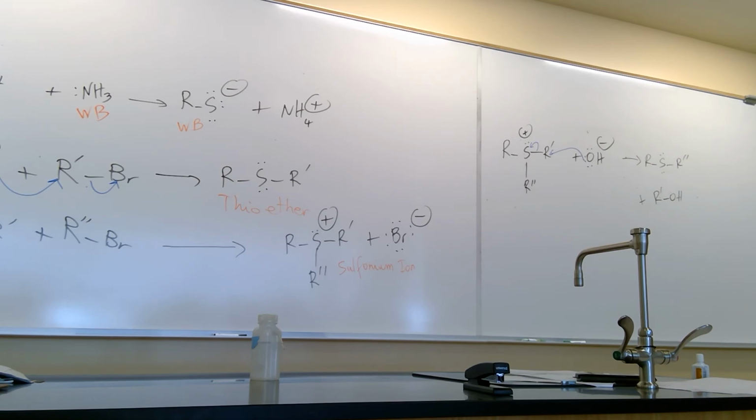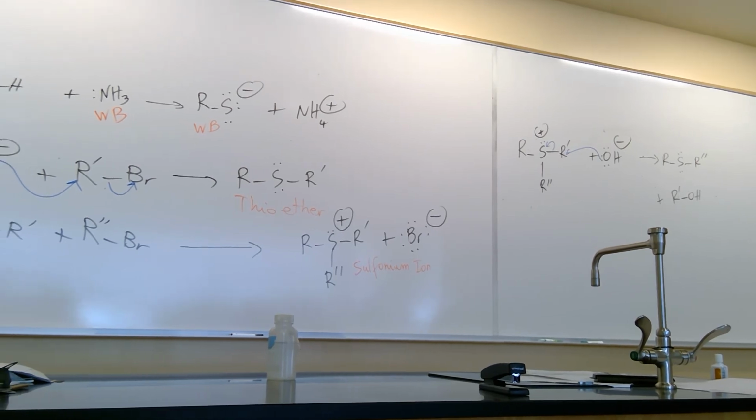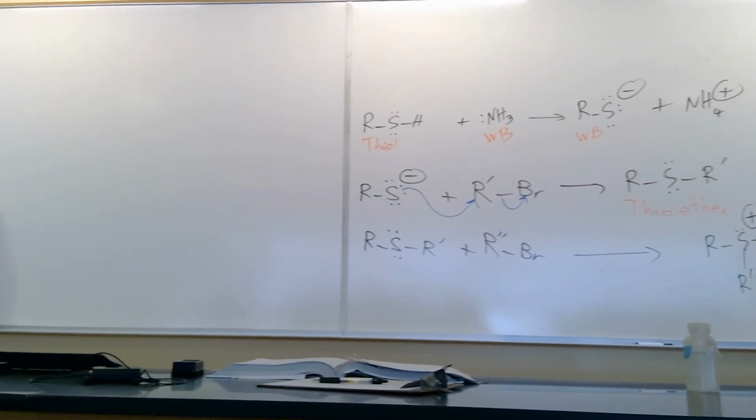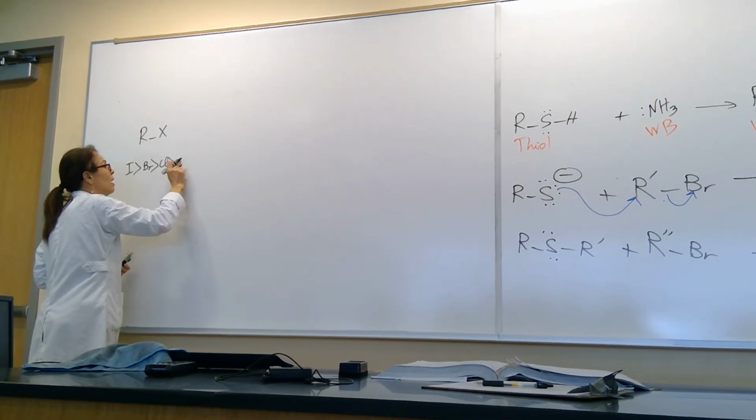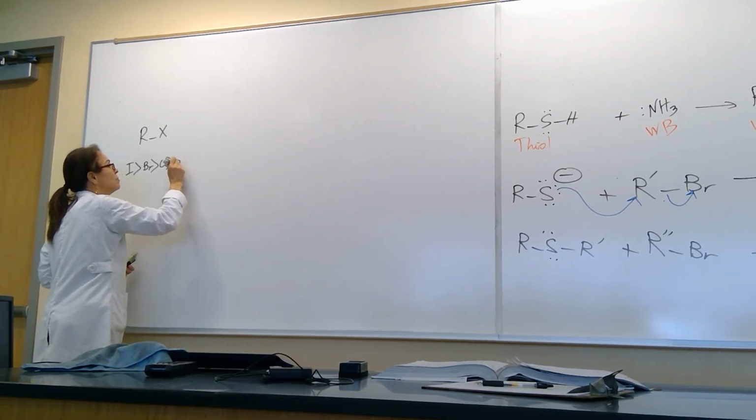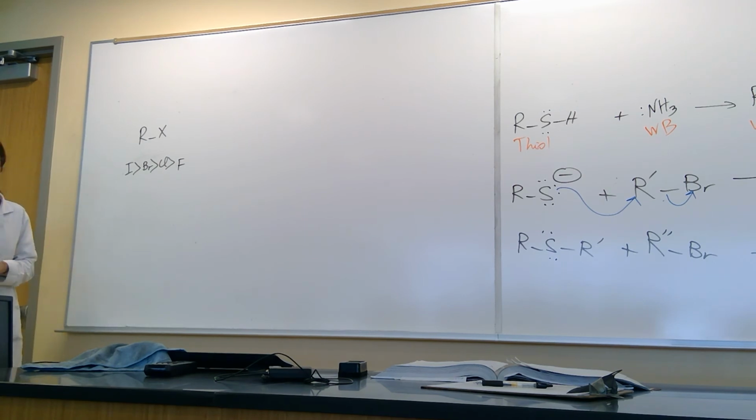So I'm going to build something on this side. The first one is that alkyl halides are the most reactive. In particular, I is more than Br, which is more than Cl, which is more than F, because of the leaving groups.